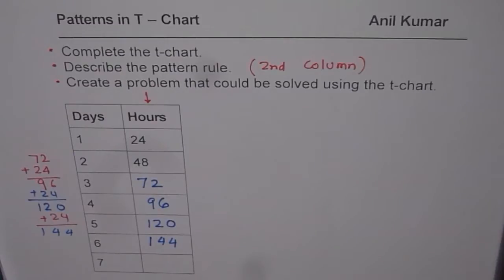Now again add 24 to 144 to get the number here. 4 plus 4 is 8, 4 plus 2 is 6, you get 168. So let me write down 168. Like this, you can complete the T-table. So we have done the first part, that is to complete the T-chart.